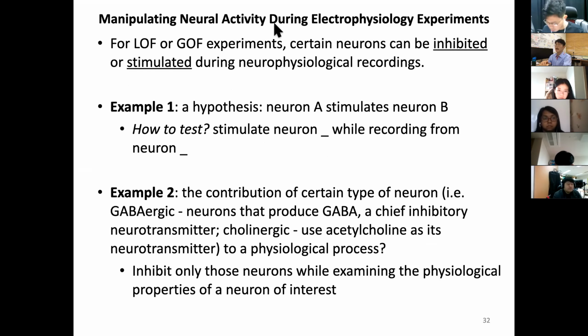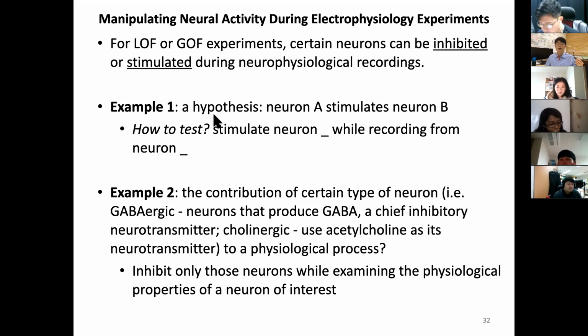And this is the last one: manipulating neural activity during electrophysiology experiments. Let's say we are considering loss of function and gain of function. We are interested in certain neurons during neurophysiological recording, and these neurons you can actually inhibit or activate. How does this relate to our question?